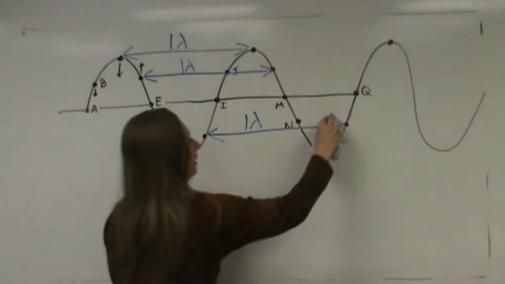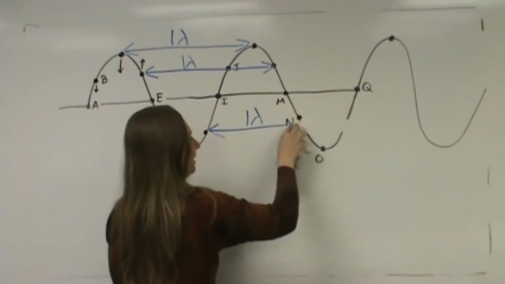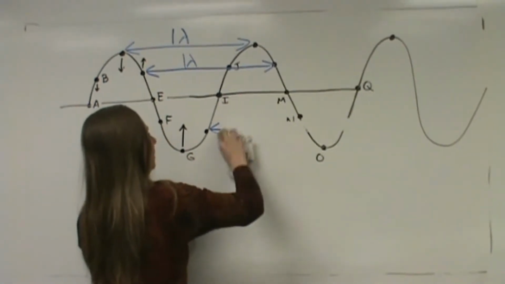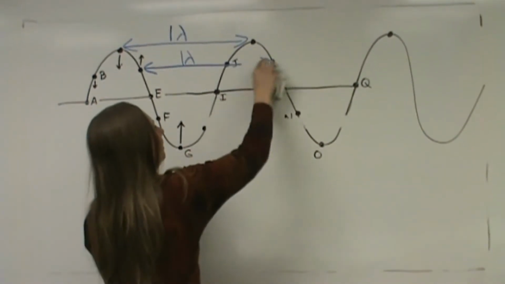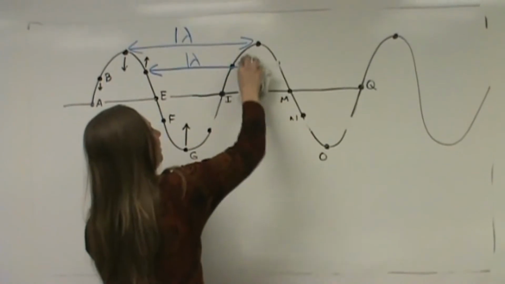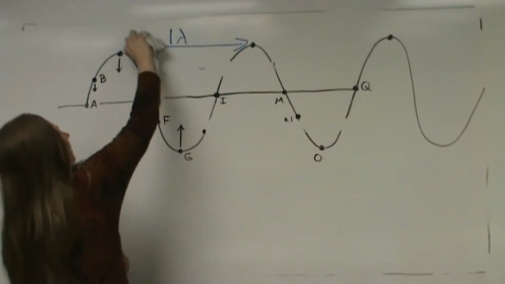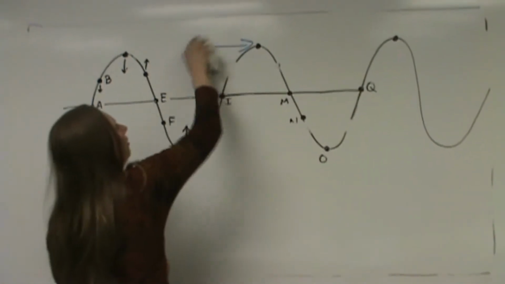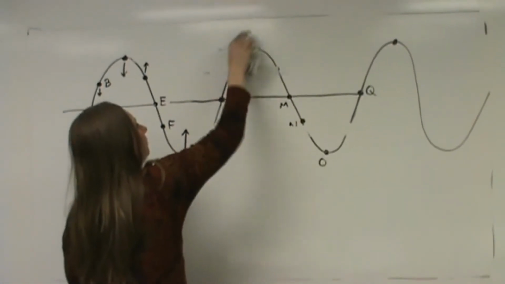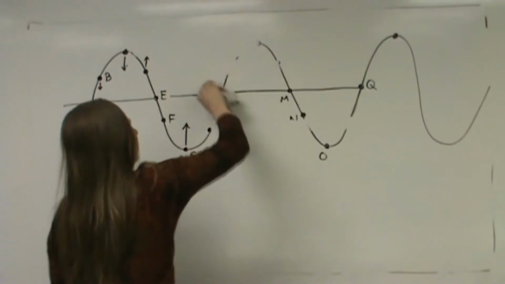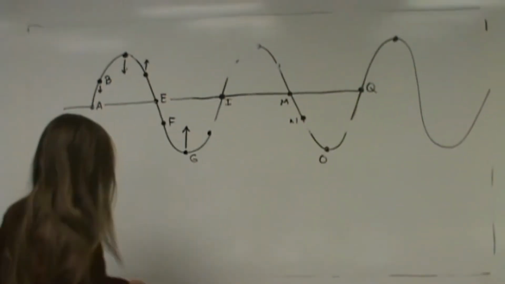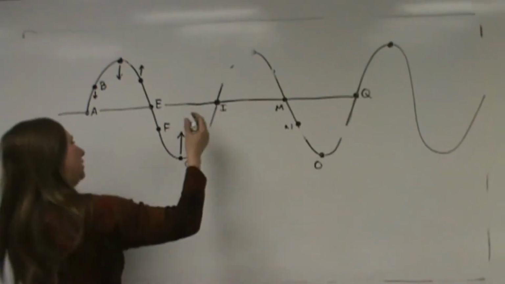Now, I'm going to have to very carefully erase my in phase lines here. Very carefully. And then I'll just fix the diagram. So I'm kind of okay with this diagram. Okay, so we got rid of those. All right, now let's fix these.